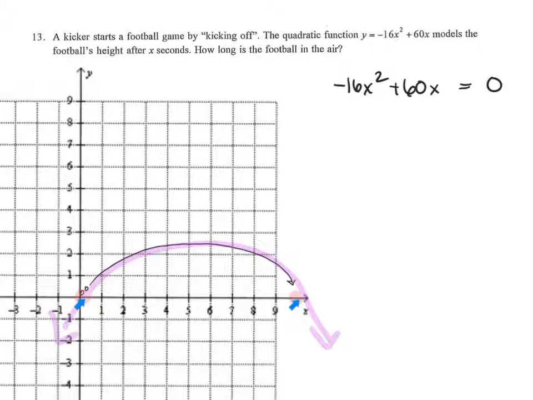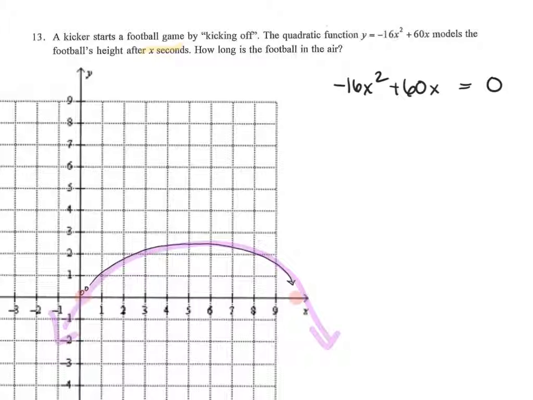You want to know when I am on the ground. When, as in time, and time is x seconds. And so if I was to do that, I could solve by factoring or the quadratic equation or square roots. In this case, I am actually going to solve by factoring.